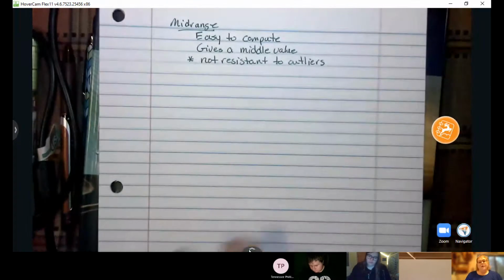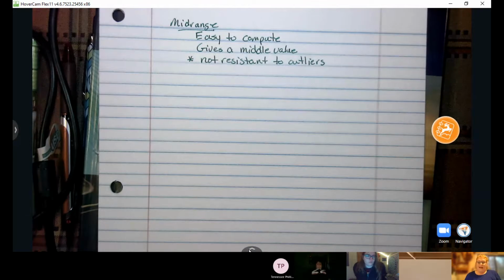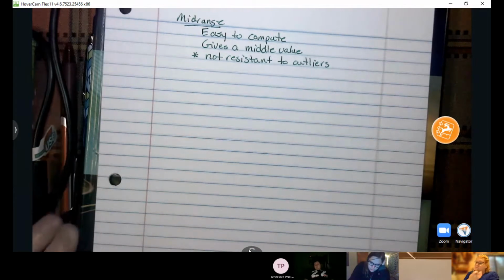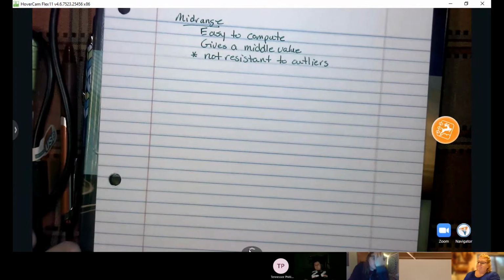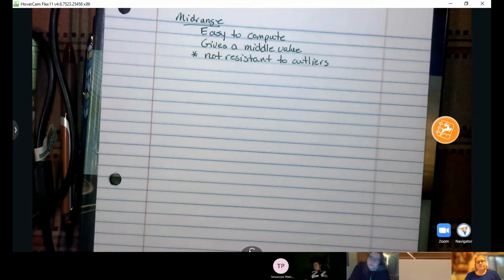In fact, it is probably most affected by outliers because it's going to use the max and the min. It's going to be using the outliers. And so that finishes us up for measures of central tendency.